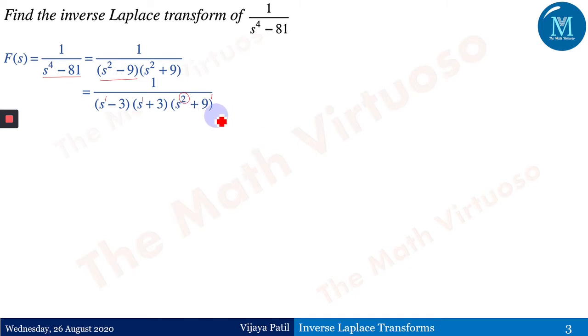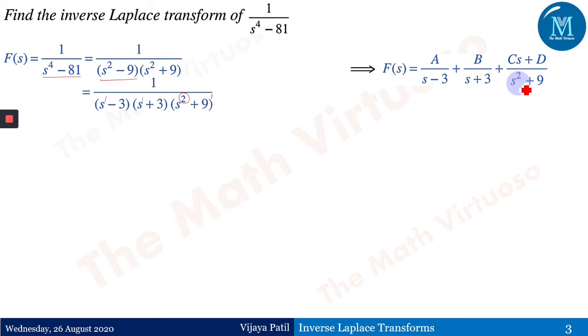As I told you in the first part of partial fractions, it is A upon s minus 3. That means if I have a linear factor, it will give me a constant in the numerator, like the constant B over here.